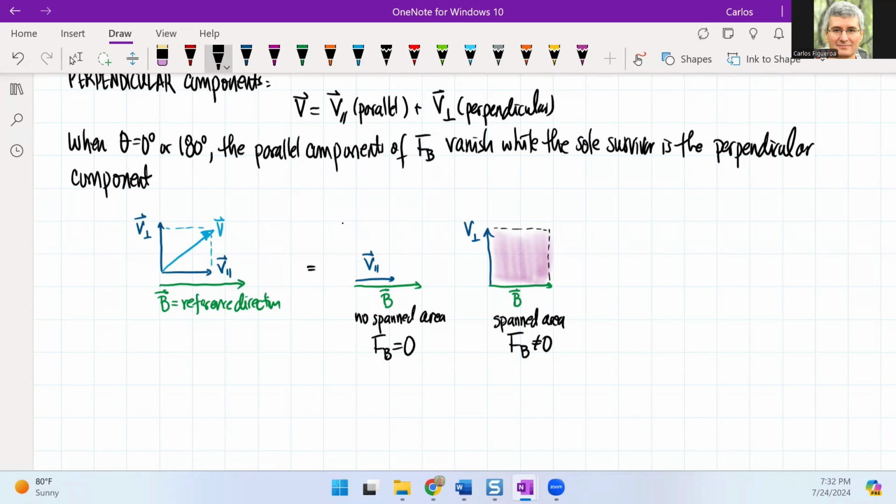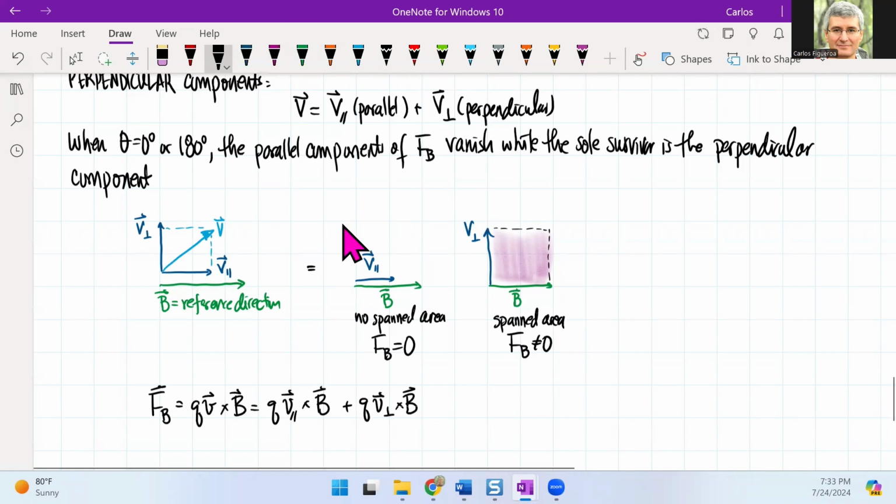So if I write out the details of the magnetic force here, we could then say that the magnetic force in vector form should be QV cross the magnetic field, which will then be QV parallel cross B plus QV perpendicular cross B. You can clearly see that this term right here has to be zero because there's no area spanned.